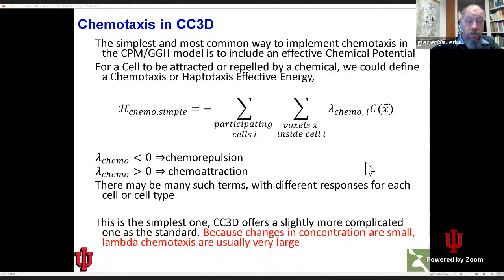And so there are a whole variety of choices here. If you look in the literature, Pauline Hogeweg and her students were the first people to try to add this, which is why it's Glazier-Graner-Hogeweg. They explored a variety of these options, and we also explored a variety of them. Not all of the options people have tried are available in CompuCell. Several are, but not all of them.